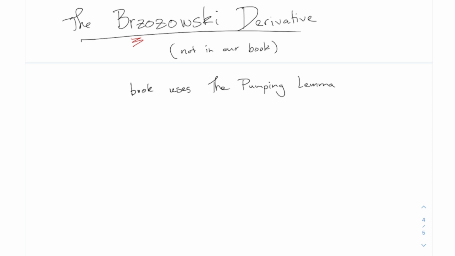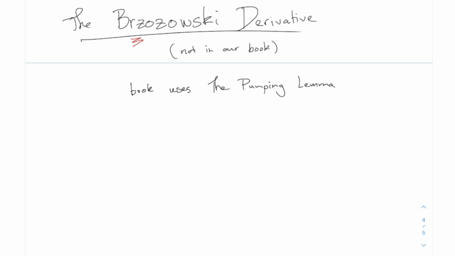It's a less important thing which you use to prove the theorem. The book uses the pumping lemma, which I was always a little dissatisfied with. It's very complicated to write it down, even though the idea behind it is not so complicated. The derivative is a much simpler thing, and I like the approach with the derivative a lot better.